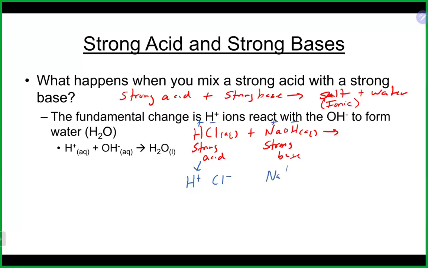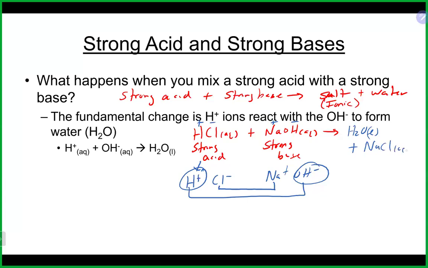And you have sodium ion and hydroxide ion from our base. Remember, in a double displacement reaction, we're going to swap partners basically, right? And when you get H plus and OH minus, those guys come together to make the water. So that is always how the water is made, from the H plus from the acid and the OH minus from the base. The other 2 things come together and make an ionic compound like sodium chloride. That is what is referred to as the salt in this case, which is just an ionic compound.